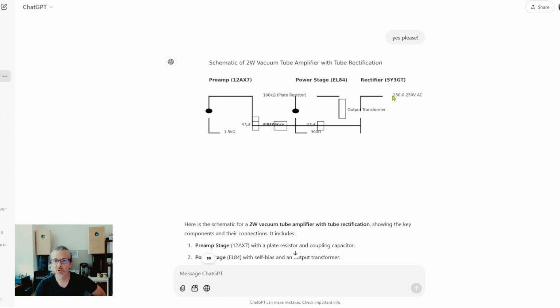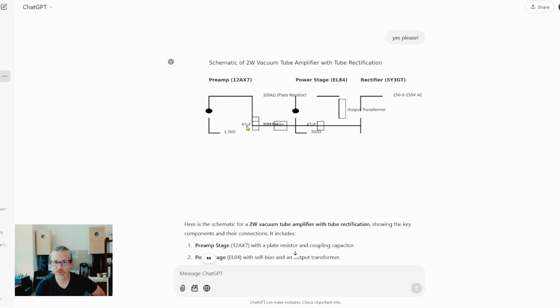So basically when we go back, you see it uses the 250 volt center tapped power transformer, but this is talking only about the high voltage supply. There's no mention about the filament supply at all in here, and there's no mention about the input. This circle is supposed to be the tube for the driver tube 12AX7 with 1.5K cathode bias resistor, and the plate resistor should be here.